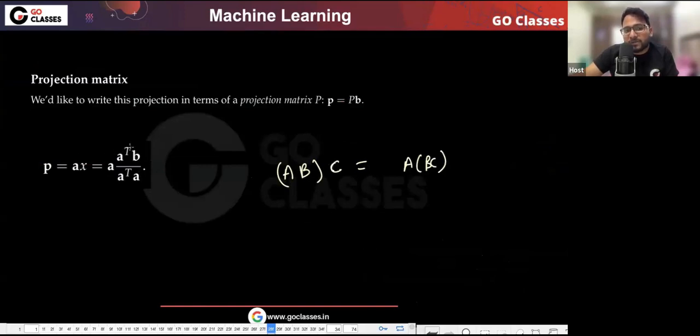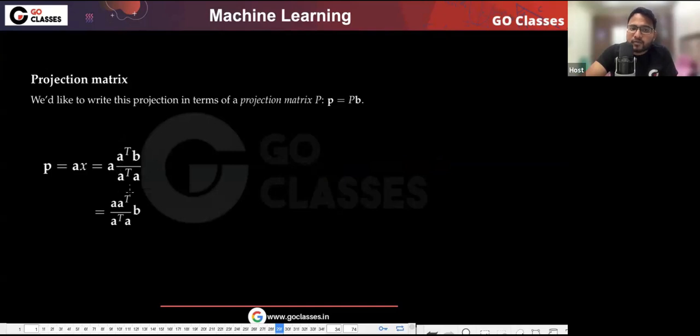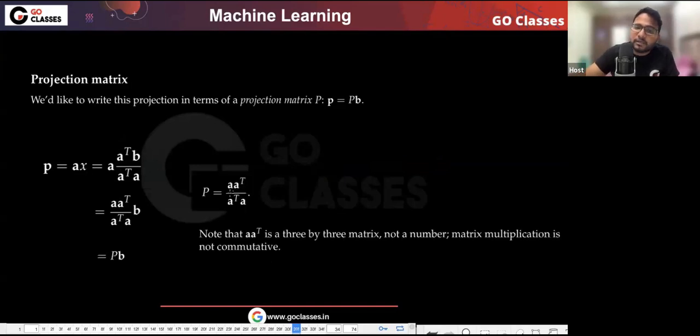So you can either multiply these two first, or these two first; it won't matter. Instead of multiplying these two, I can multiply these two first. Then can you spot the projection matrix? Yes, this is the projection matrix.